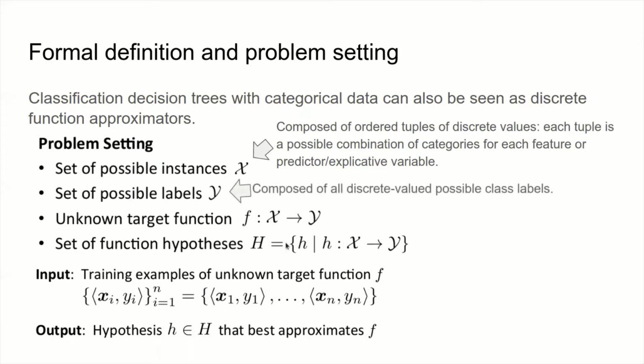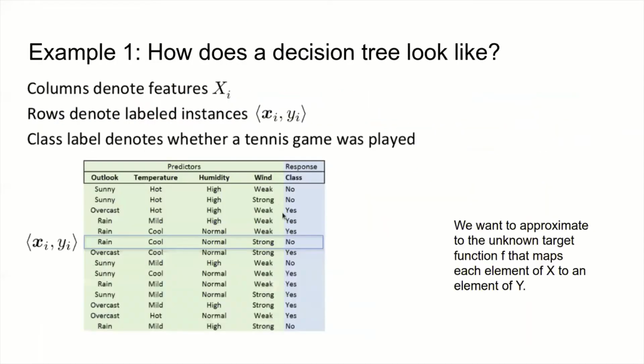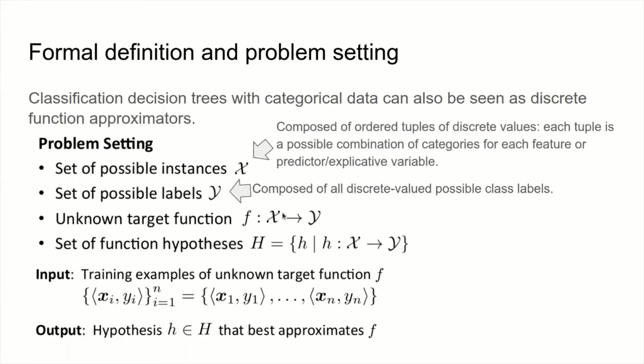We've got Y, which is the target value that we want to predict, and we're doing classification, so this target value must be discrete. Then we want to find a function that allows us to map from X to Y. I mean, we want to find an approximation of this mapping. That's all we want to do. That's the problem. That's it. And we're going to define as well a set of function hypotheses, H. Each one is a possible candidate for reaching this target function that I've talked about.